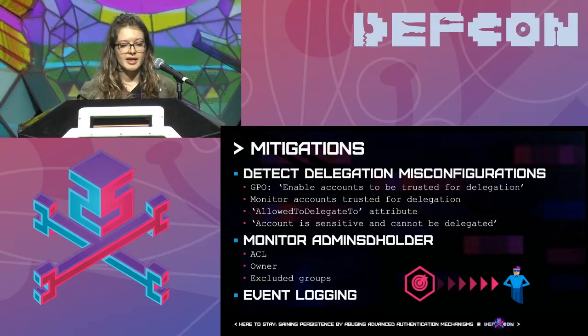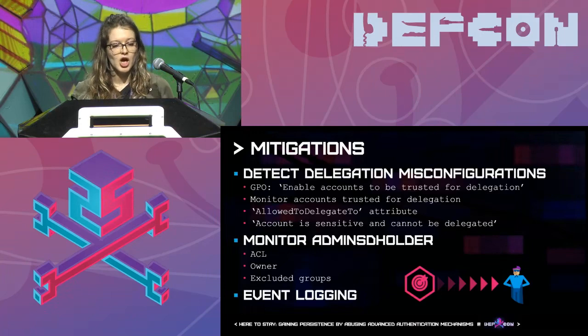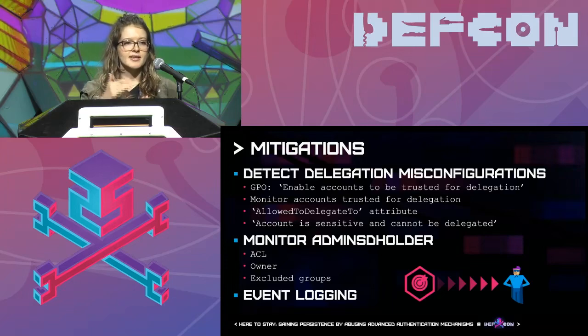Also, we need to monitor the accounts that are trusted to perform delegation. Who are the accounts that are allowed to request service tickets on behalf of other users? Also, of course, we need to monitor the allowed to delegate to attribute, which states to which services exactly this account is allowed to perform delegation. No reason for the paired TGT account to be present there whatsoever.